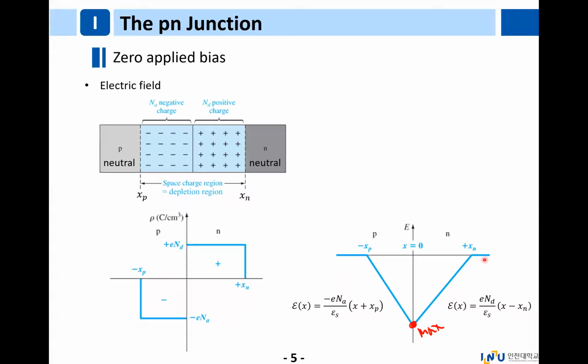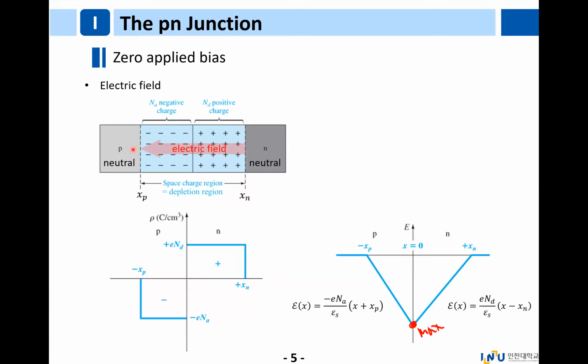The electric field values are all negative because we positioned the p-type on the left and the n-type on the right, causing the electric field to point from right to left, in the negative direction.